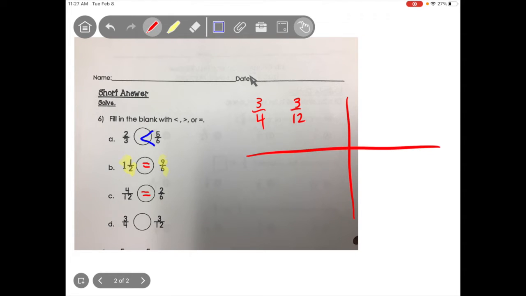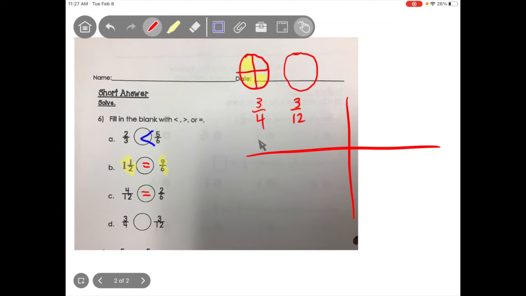Again, before we can compare, we have to have equivalent fractions. We need the same denominator in order to make an easy comparison. Now, I will say, this is another one where if you just take a minute to visualize it, right? If you picture a whole divided into 4 equal parts, and here's 1 part, 2 parts, 3 parts, there's what 3/4 would look like.